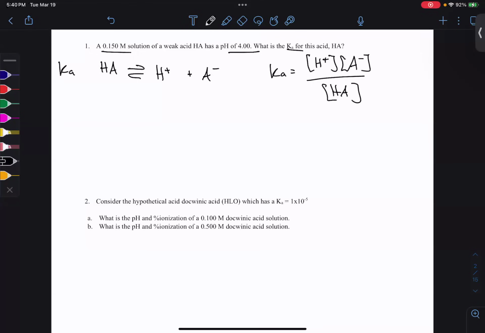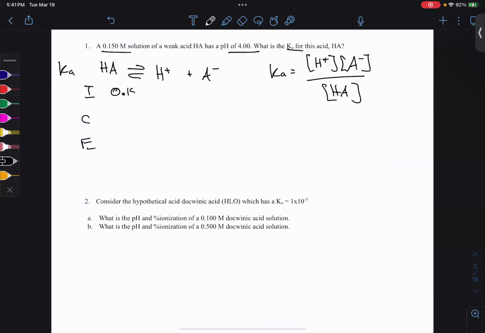So for this question, here's the concentration, here is the pH, what is the Ka value for it? So this is very similar to a type 1 ice table where I give you a hint at the equilibrium line and it helps you fill in the rest of the table. So if we write out our ice table, 0.150 molarity is going to go in which line? Initial, change, equilibrium. It's going to go in initial, just like all ice tables.